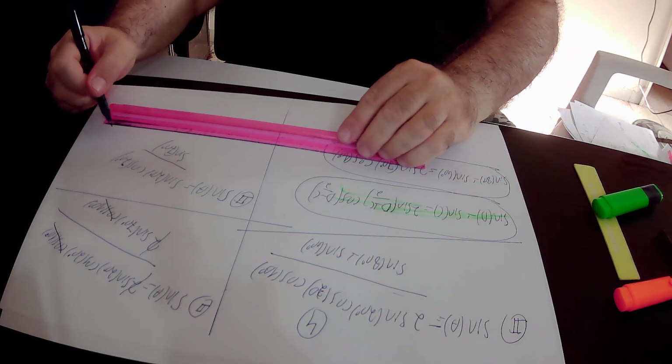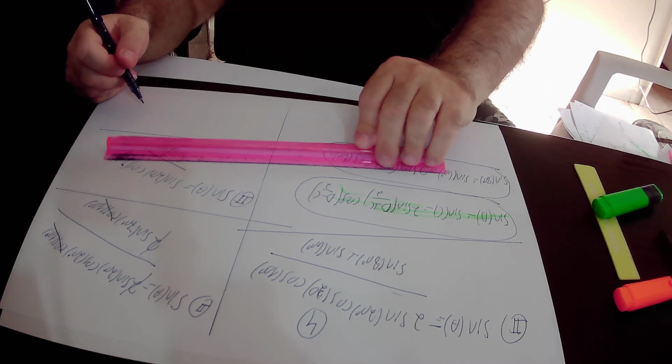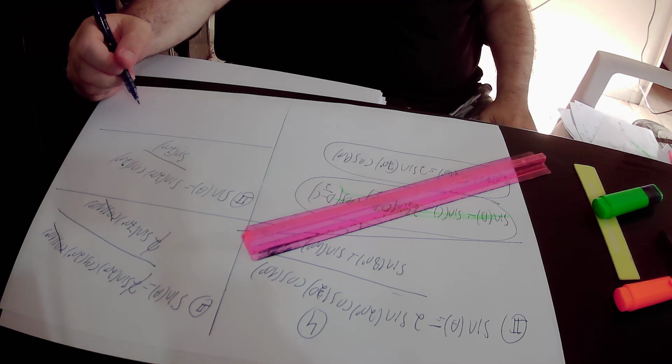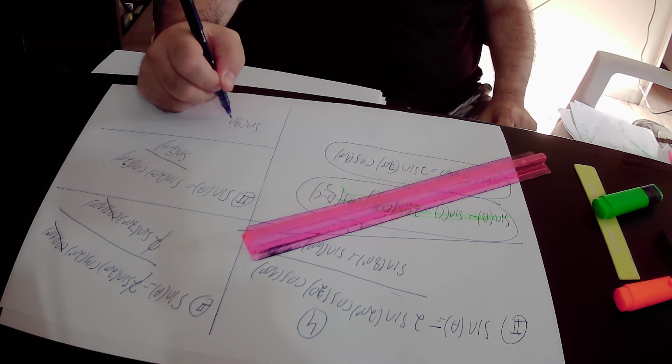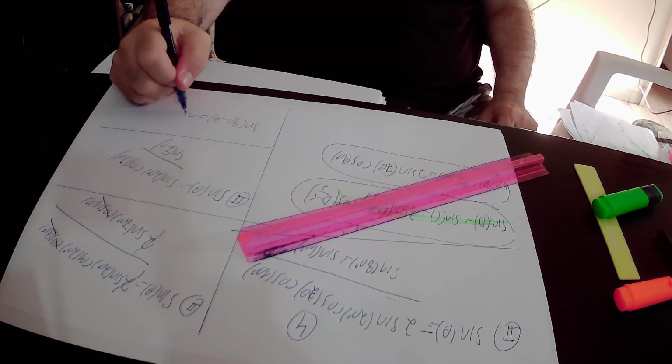Now I present to you the last trigonometric identity: sine 90 degrees minus theta equals cosine theta.